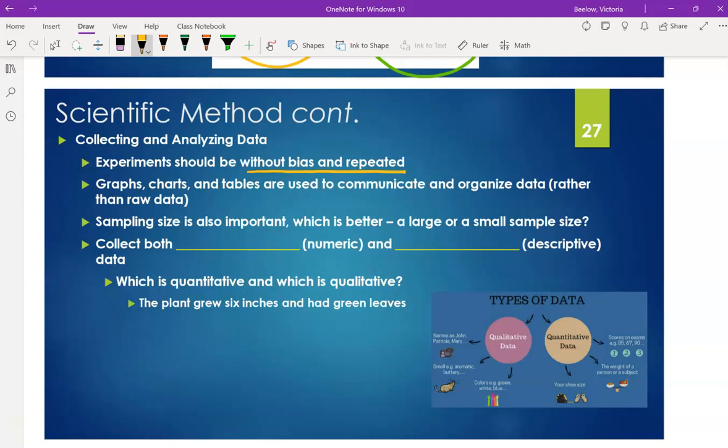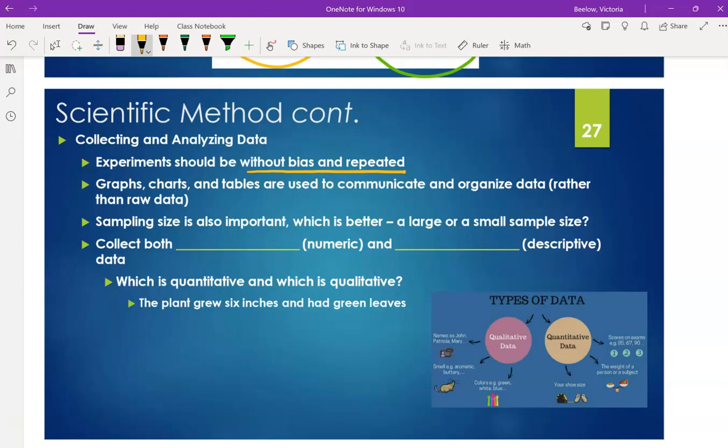Oftentimes experiments have to be repeated either by the same scientist or by other scientists. So your experiment has to be able to be repeated. And then also it should be completed without bias, meaning there was nothing else that you were doing to influence the results to have a favorable outcome.